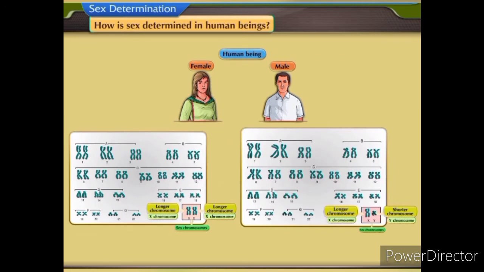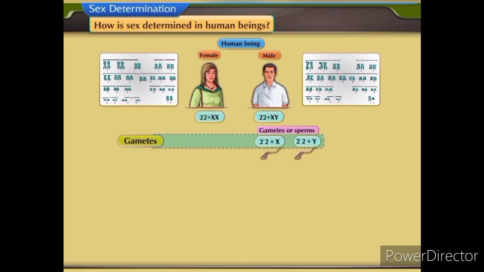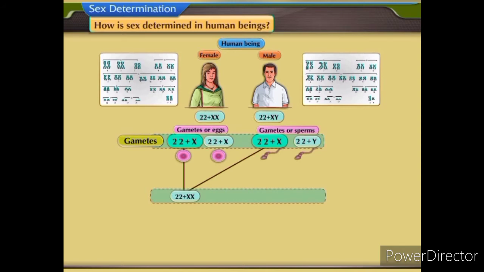X as its genetic constitution. The male parent produces X-bearing and Y-bearing gametes or sperms, while the female produces only X-bearing gametes or eggs. During reproduction, combination of an X-bearing gamete from males with an X-bearing gamete from females results in offspring with the genetic constitution XX.